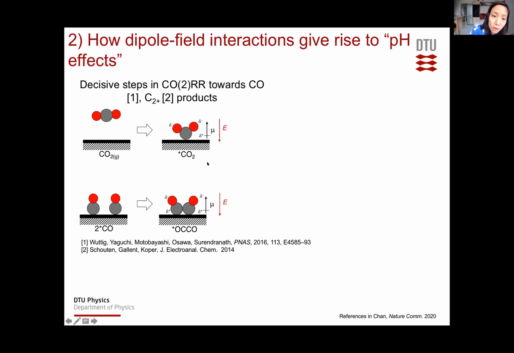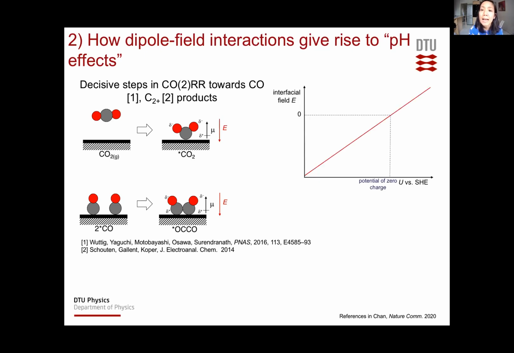And so both of these are sensitive to the field through the dipole-field interaction. And the field at the interface depends on the absolute potential. And so, for instance, it depends on the potential versus SHE, but not the RHE scale.